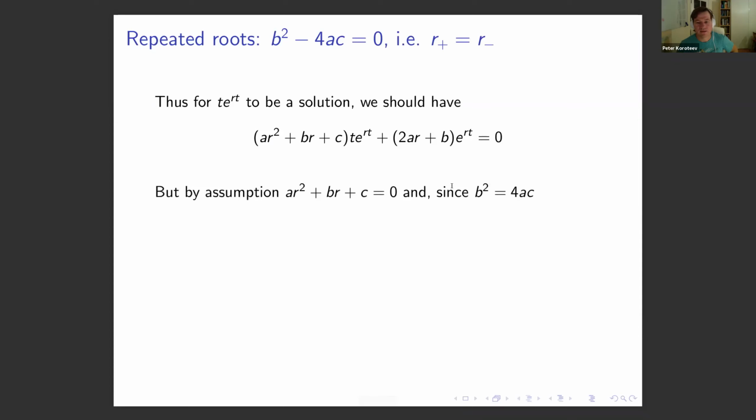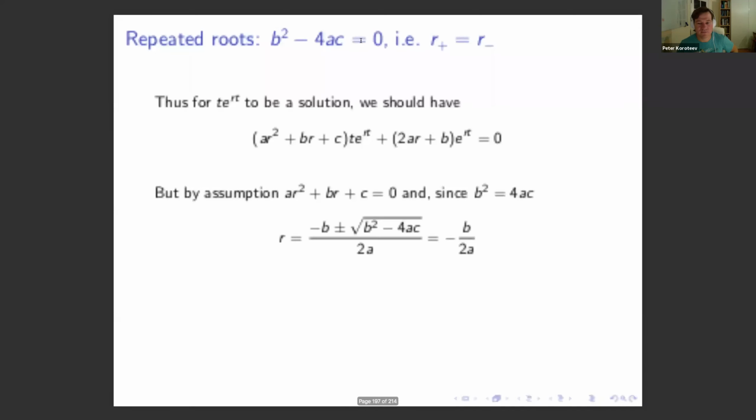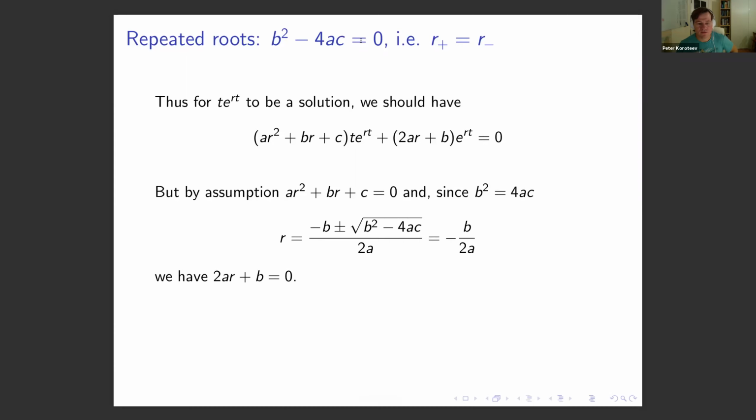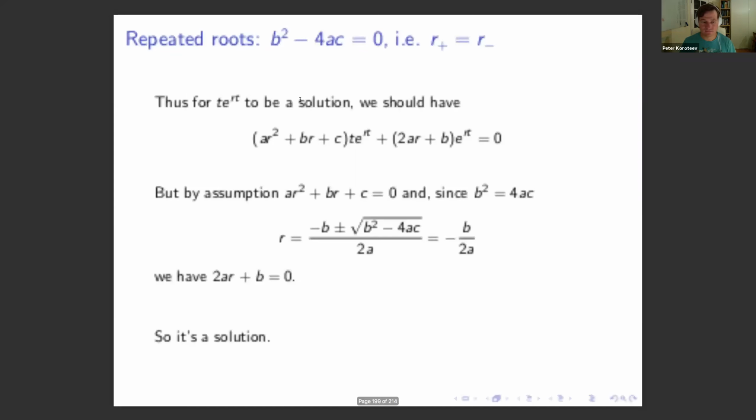And since b squared was equal to 4ac, so if you look above here, this is the case that we're studying, r is equal to just negative b over 2a. And also we have 2ar, so therefore the second parenthesis also vanishes. So this is satisfied, and this is indeed the solution. So everything is consistent.